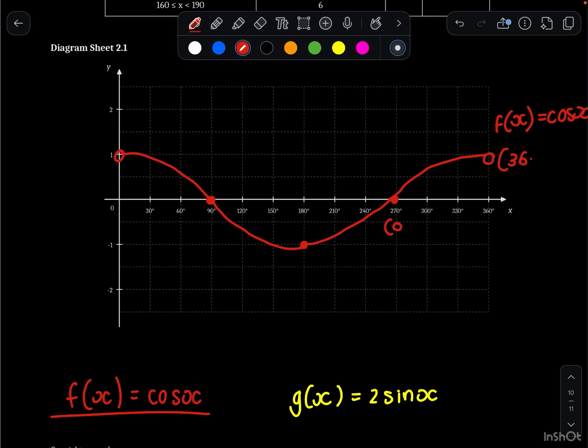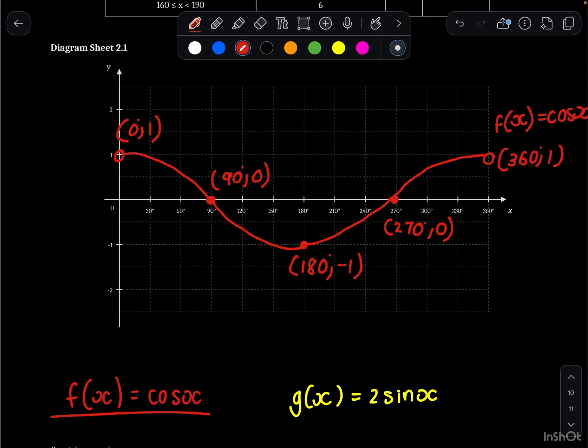So this is 0, 1. 90, 0. And 180, minus 1. This one is 270 and 0. Okay, so that is that graph done.